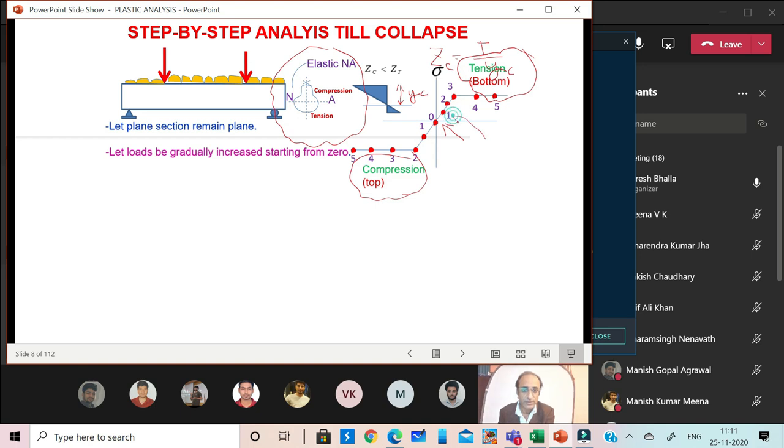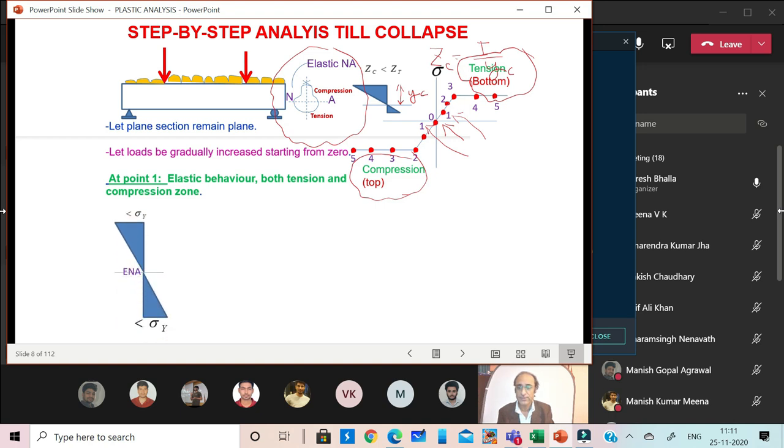At point 1, the top and bottom have different stresses, and naturally the compression side stress is higher. But the behavior is still elastic: both tension and compression zones are within the elastic limit because we have not reached the yield point.